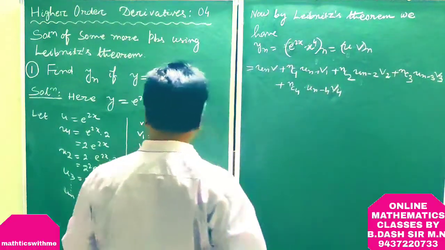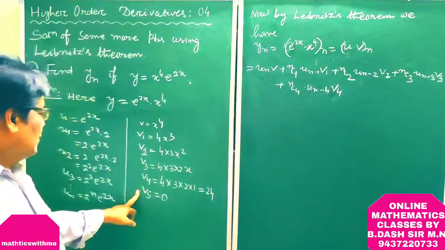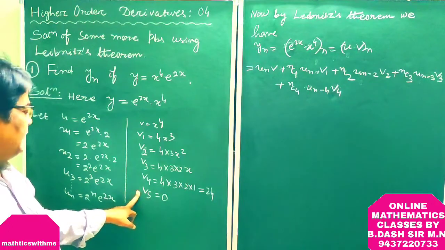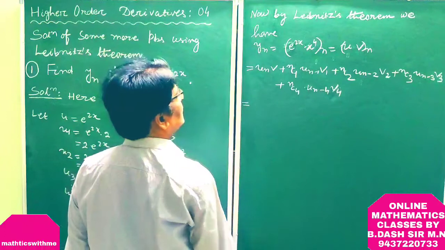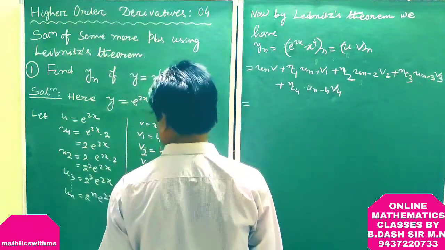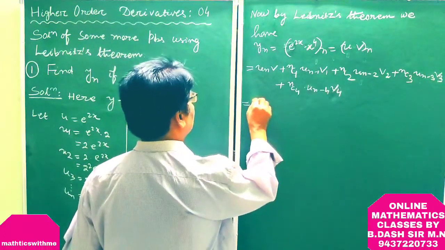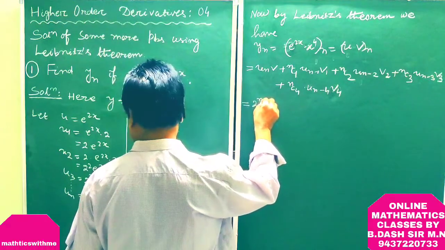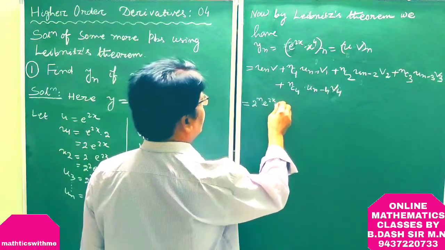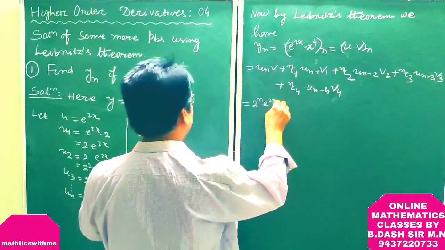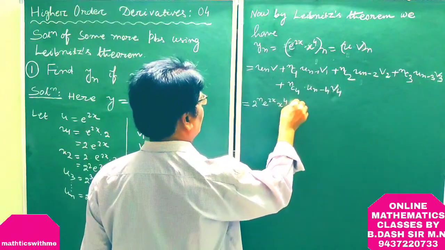After that the terms will be 0 because v5 is 0. So now this is equal to, here we have to write un is equal to 2 to the power n e to the power 2x, then v is x to the power 4.